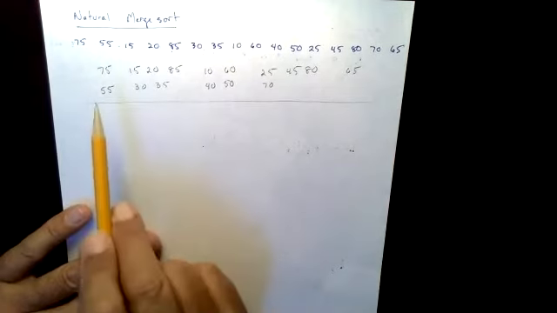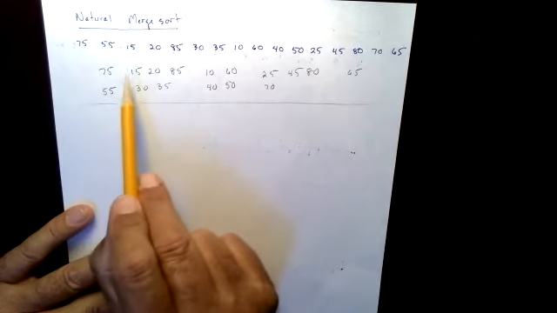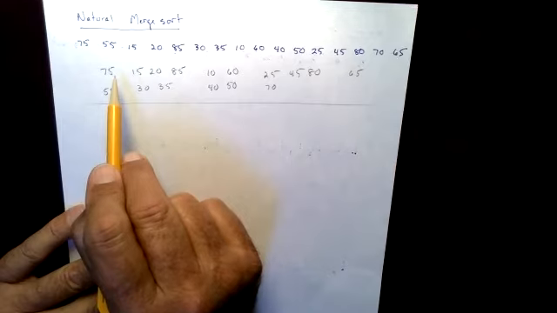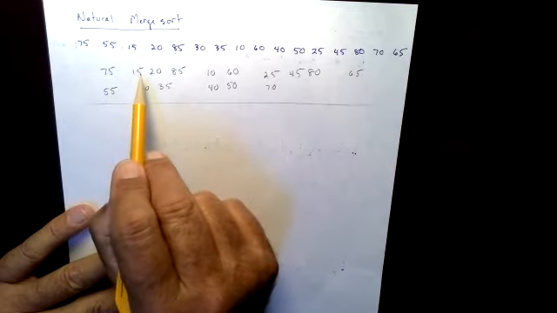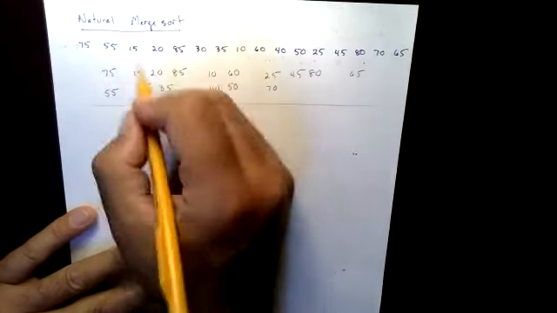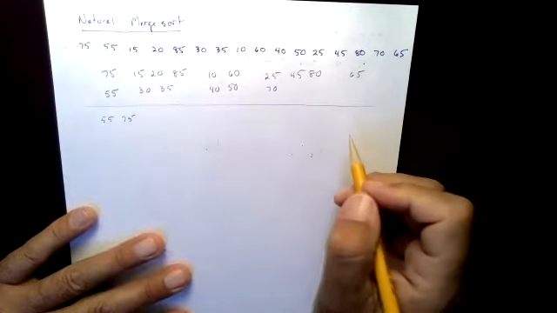Okay, so now I'm going to do individual blocks. My first block goes until what? Till that item is smaller, right? So I'm going to compare this and this: 55, 75.